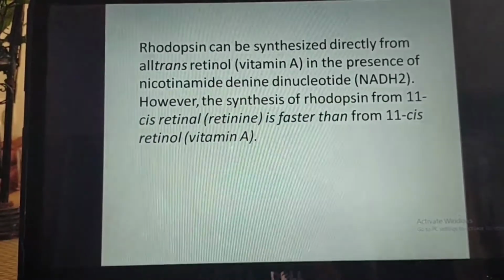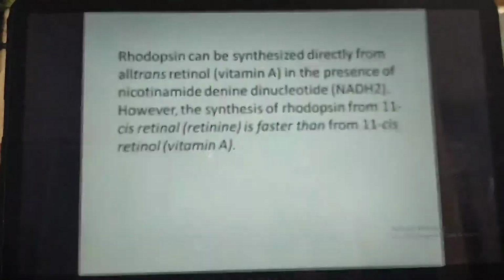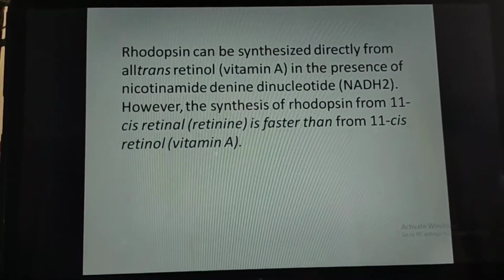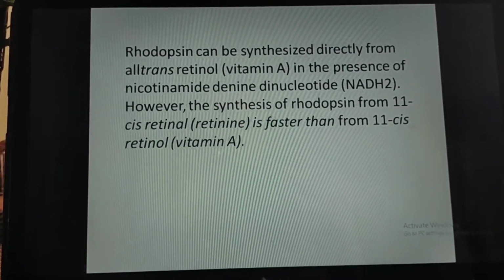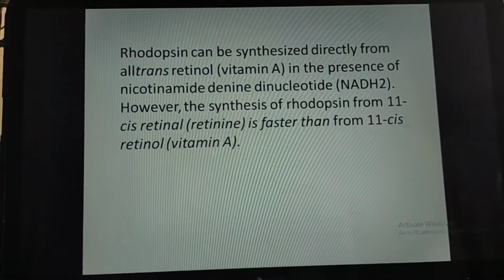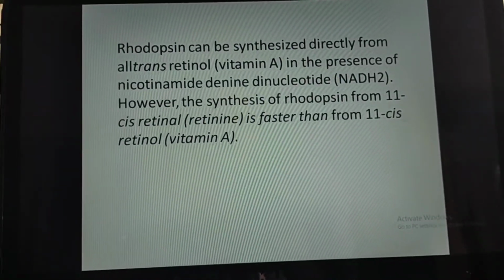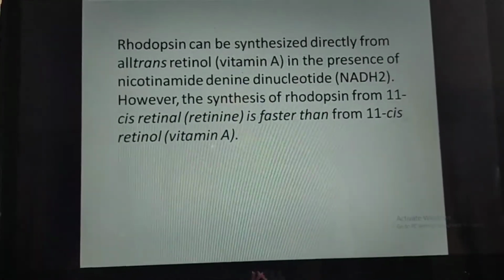Rhodopsin can be synthesized directly from all-trans retinol in the presence of reduced nicotinamide adenine dinucleotide, NADH2. However, the synthesis of rhodopsin from 11-cis retinal is faster than from 11-cis retinol.